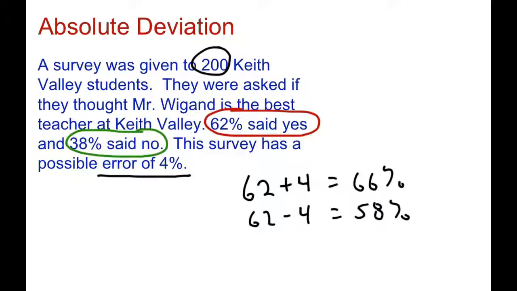So when you have surveys like this, and you'll see this a lot of time when presidents are being elected, they'll take polls. There's usually this possible error. And even though 62% is what happened, we know that when every kid actually votes, it could go as high as 66%, it could go as low as 58%. All right, so that's an idea of kind of where this idea of absolute deviation comes in. Deviation is that possible error, how much it could deviate, how much it could change.